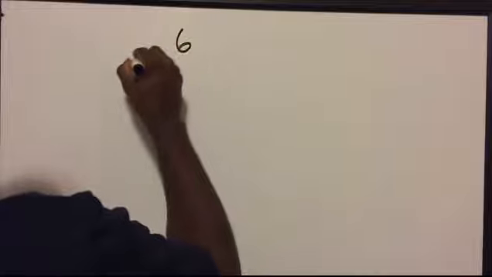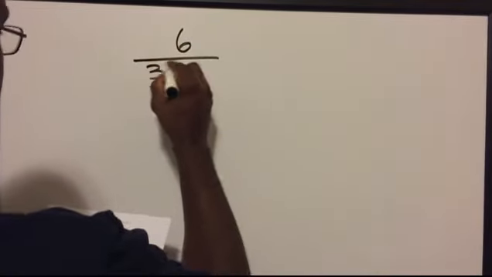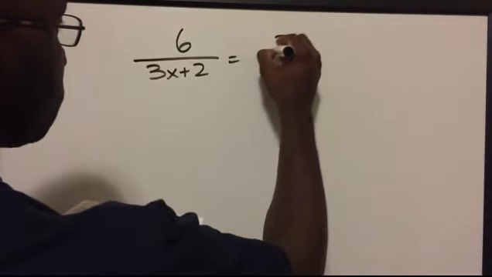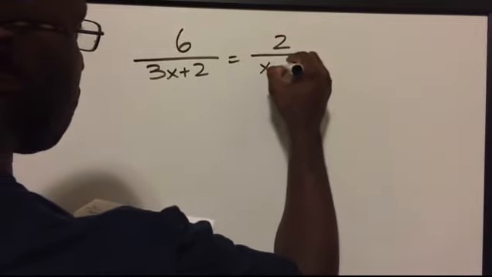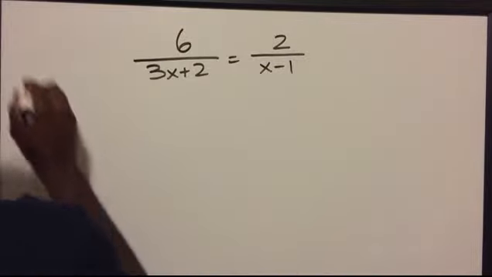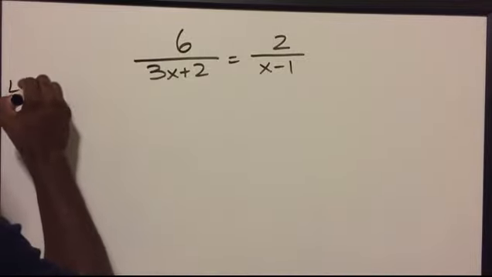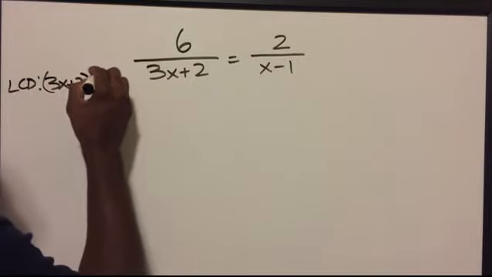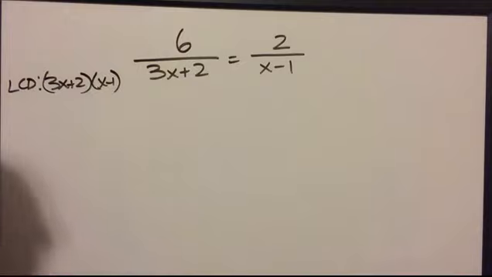So now, let's do another one. This one right here says 6 over 3x plus 2 is equal to 2 over x minus 1. Here, our LCD is 3x plus 2 and x minus 1.